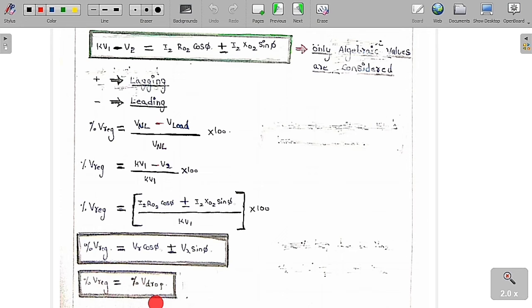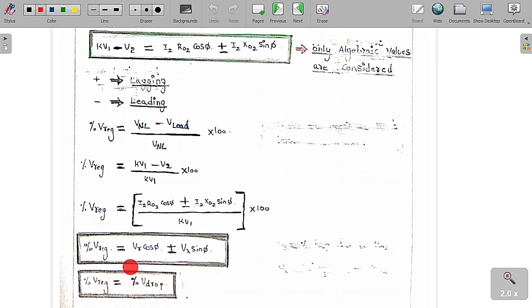Whenever we open the load, the voltage is K V1, and if you keep a load, the voltage is V2. So K V1 minus V2 by K V1 into 100. We know this value, just substitute here and do the division. I2 RO2 by K V1 is nothing but VR cos phi plus or minus I2 XO2 by K V1, which is nothing but Vx sin phi.